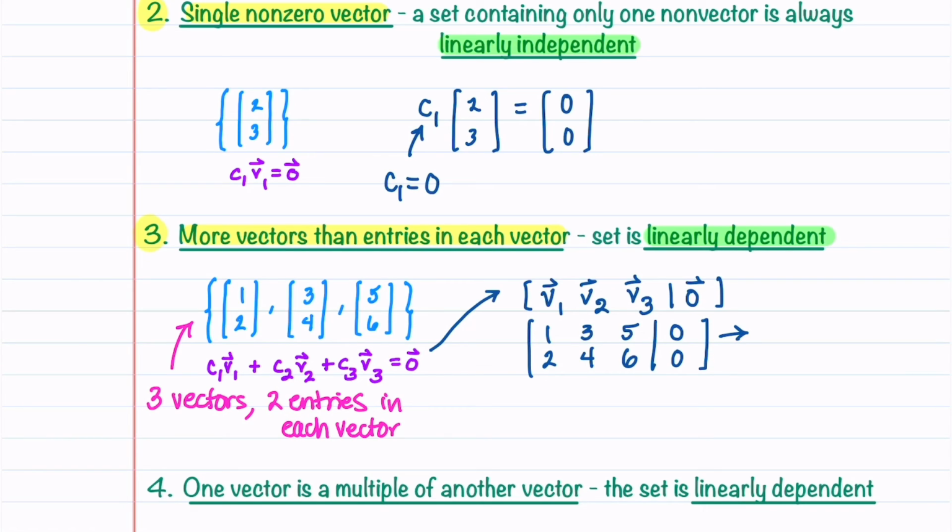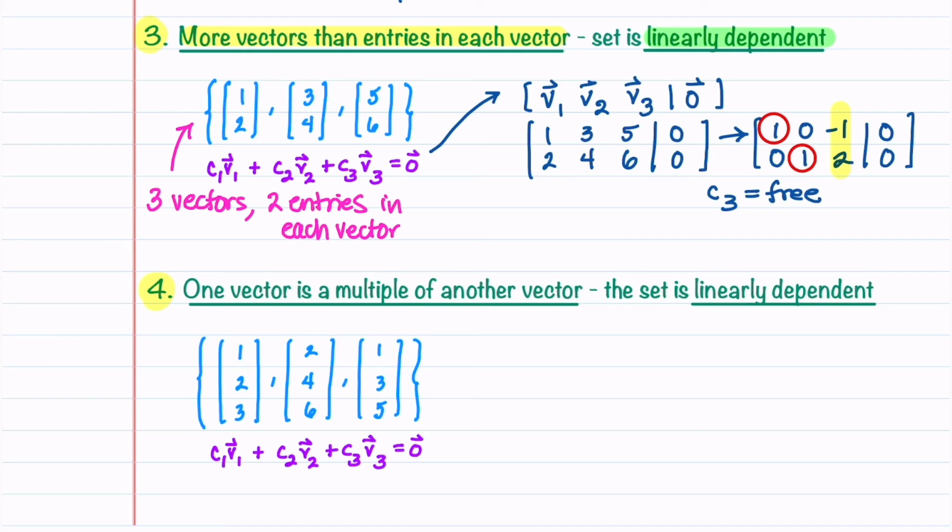When we put this matrix in echelon form, we get a matrix that looks like this. We have 2 pivots in our matrix, and we have a column without a pivot. So that means c3 is a free variable and can take on values other than 0. So we will have a non-trivial solution, and our vectors will be linearly dependent.